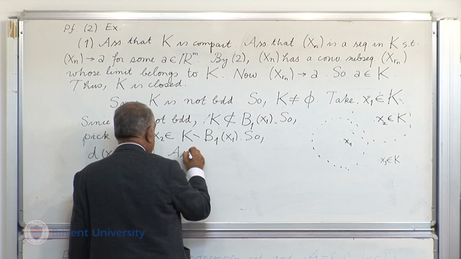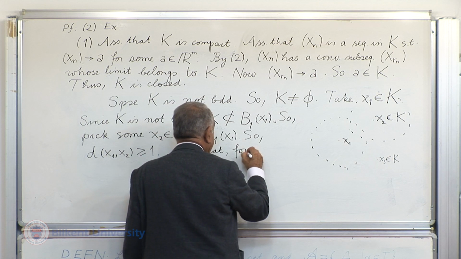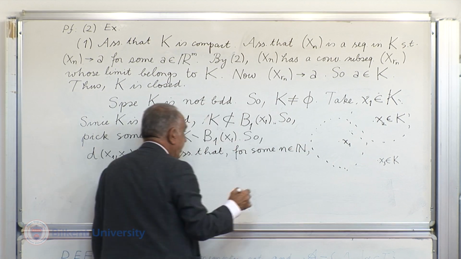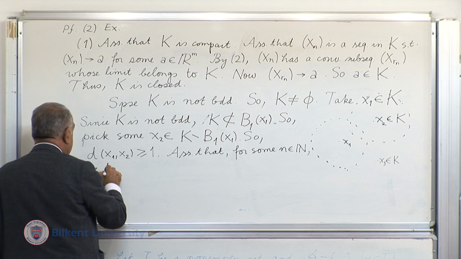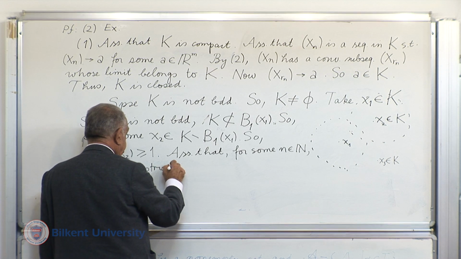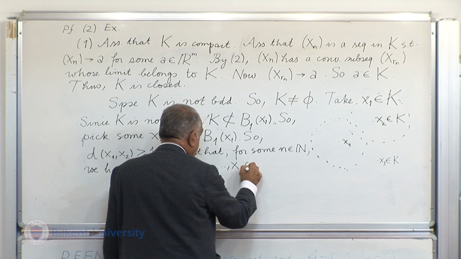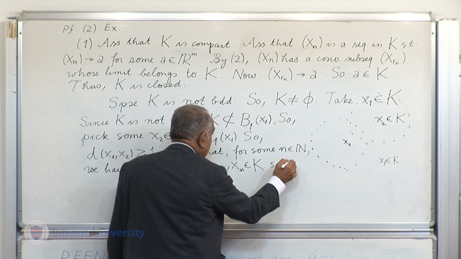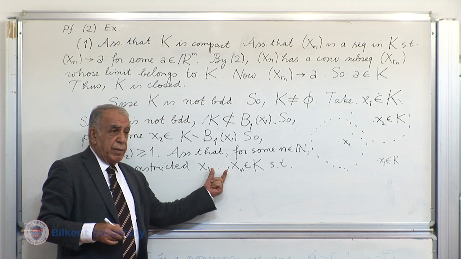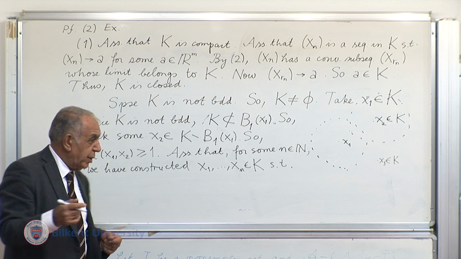Now assume that for some natural number n in N, we have constructed x1 up to xn in K, such that no matter what two points from this n-element collection I take, the distance between them is larger than or equal to 1.